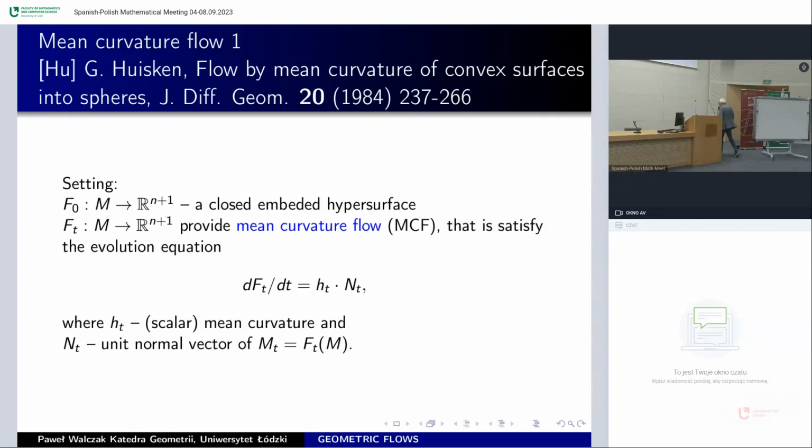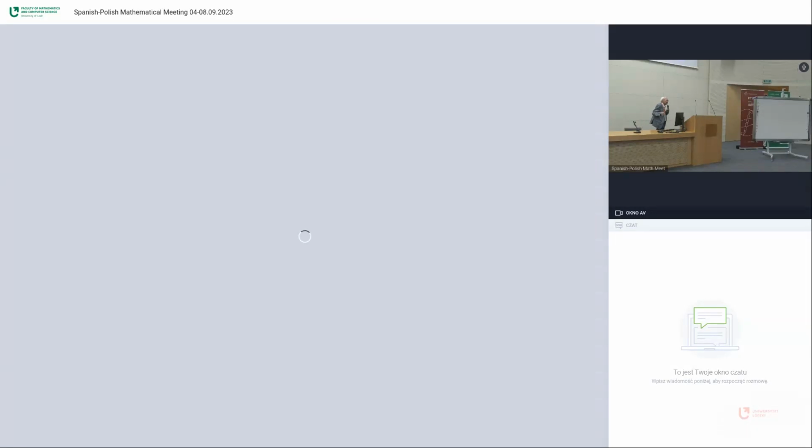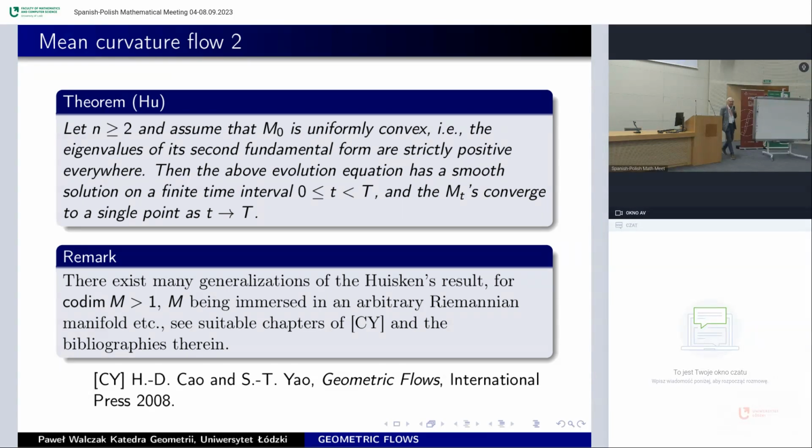Then again, similarly to the case of curves, similarly but not exactly in the same way, we have some results produced by different authors, but I think the best reference for that is the book on geometric flows by Cao and Yao.